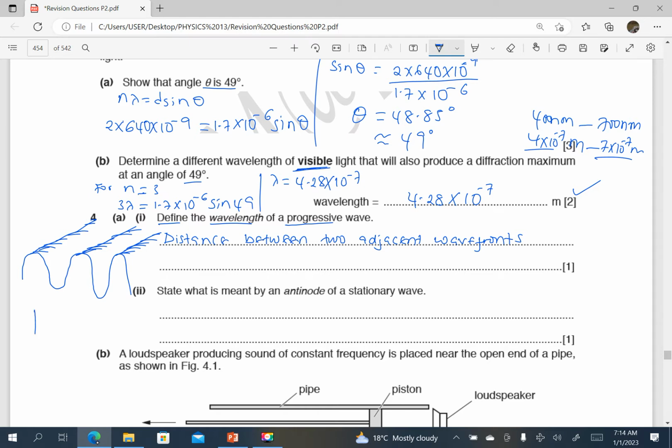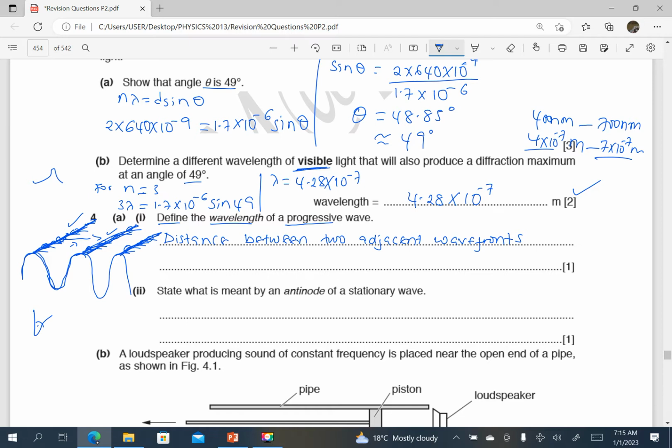When viewed from this side, you will see something like that. But when viewed from above, you may see horizontal lines like this. So all particles along this line are in phase with each other. All particles along this line are in phase with each other. All particles along this line are in phase with each other. So a section or a line through these particles that are in phase is called a wavefront. So the distance between two adjacent wavefronts is what we are calling the wavelength.